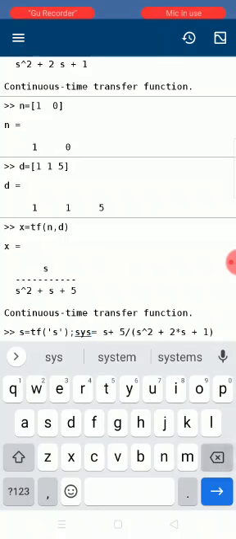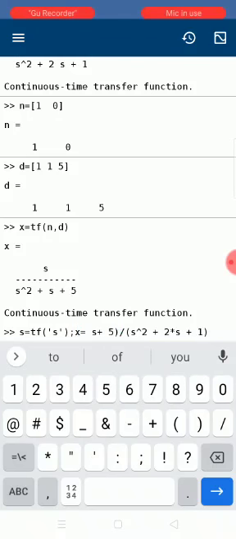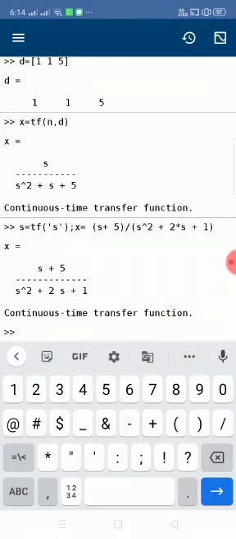Let it be x equal to s plus 5 divided by s square plus 2s plus 1. So now you can see I am executing this. Now you can see the transfer function is written directly. So instead of writing the polynomial coefficients of numerator and denominator separately, we can write the transfer function directly by using tf as command.